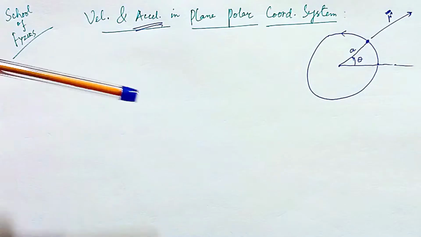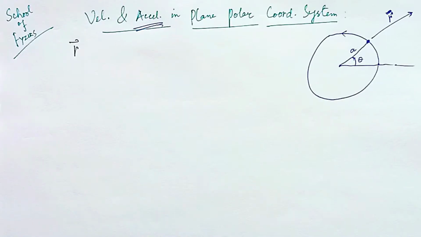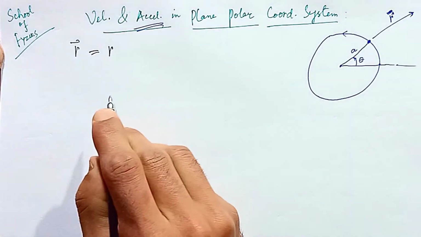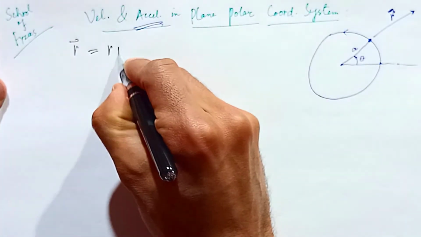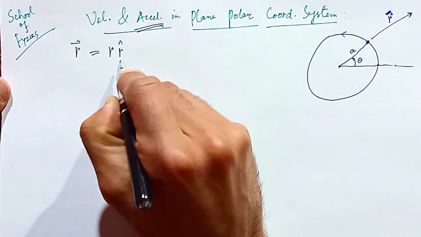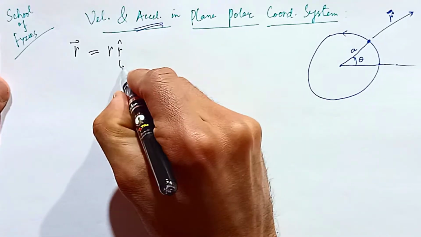Fine, we know that the position vector r at any instant of time is given as the magnitude of that vector into its unit vector. That's r and r hat. This r hat is the unit vector.